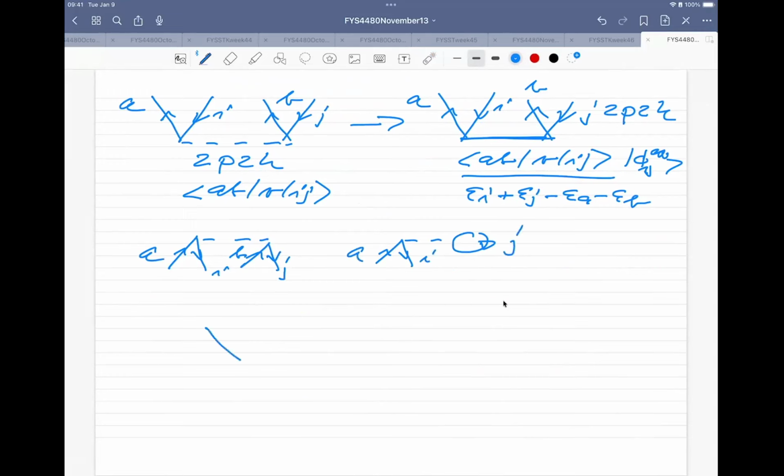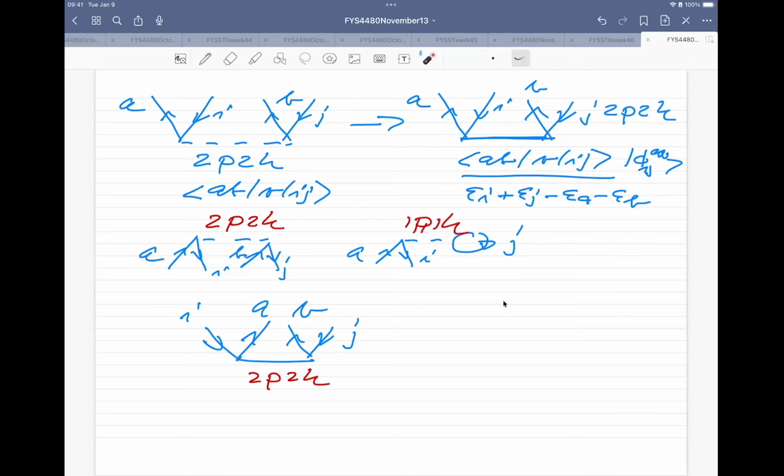And then if we look at this specific contribution, then we have I, J, A, and B. We see immediately that since this guy here is a two-particle, two-hole term, this is a one-particle, one-hole term. This is a two-particle, two-hole term.